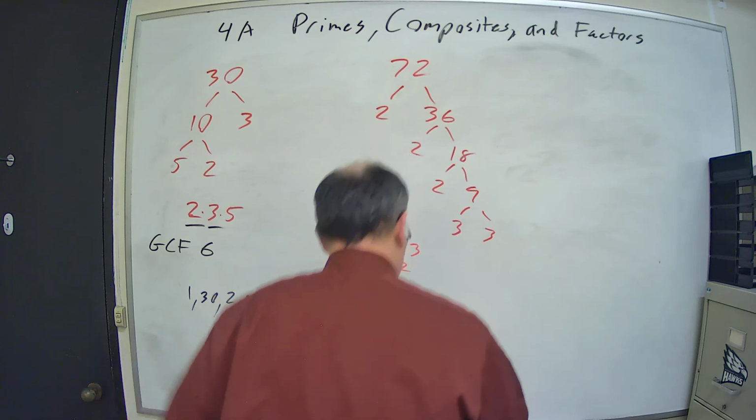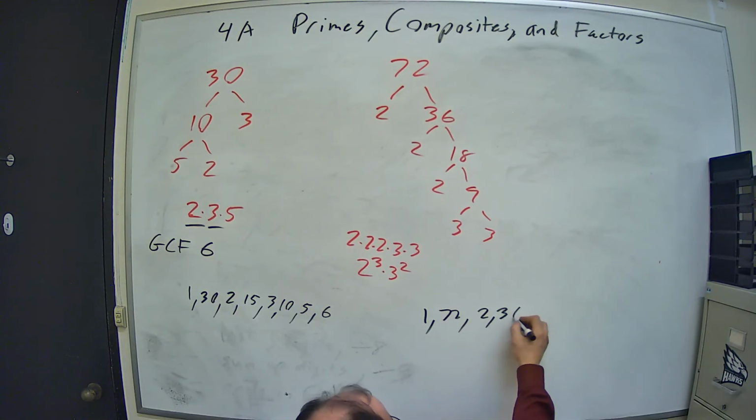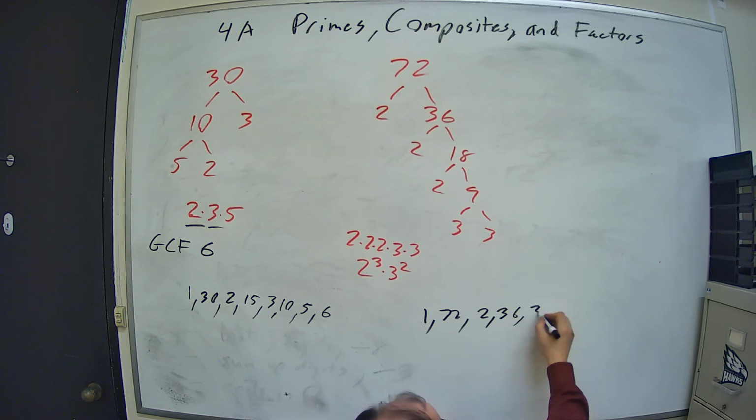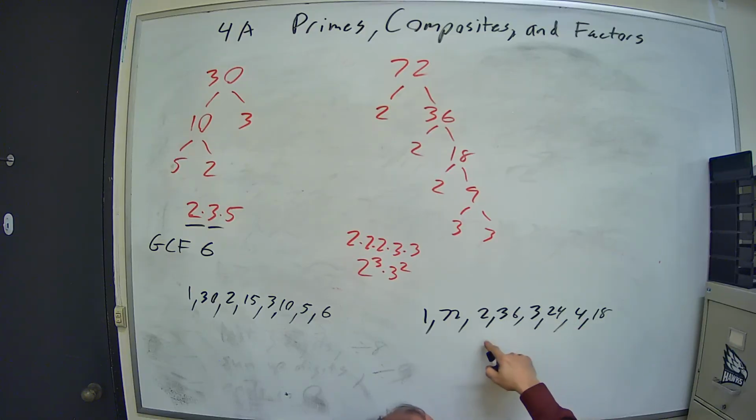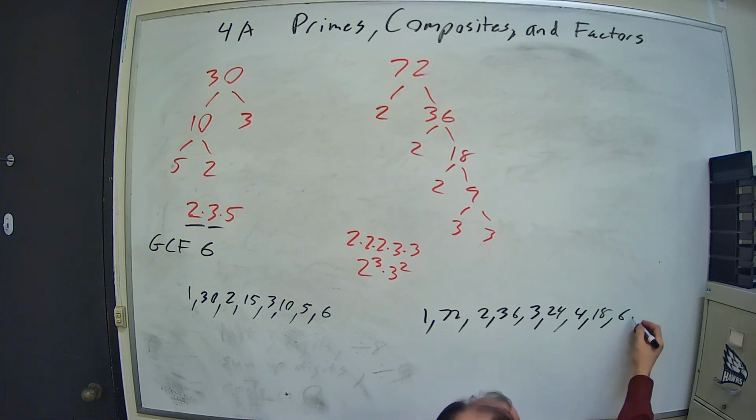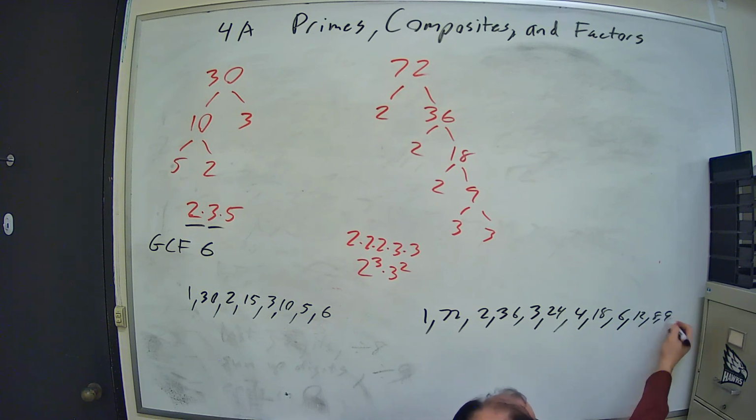You've got 1 and 72, 2 and 36, 3 and 24, 4 and 18, 5 doesn't work, 6 and 12, 7 doesn't work, 8, by the way, 8 times 9 is 72, so 8 and 9.